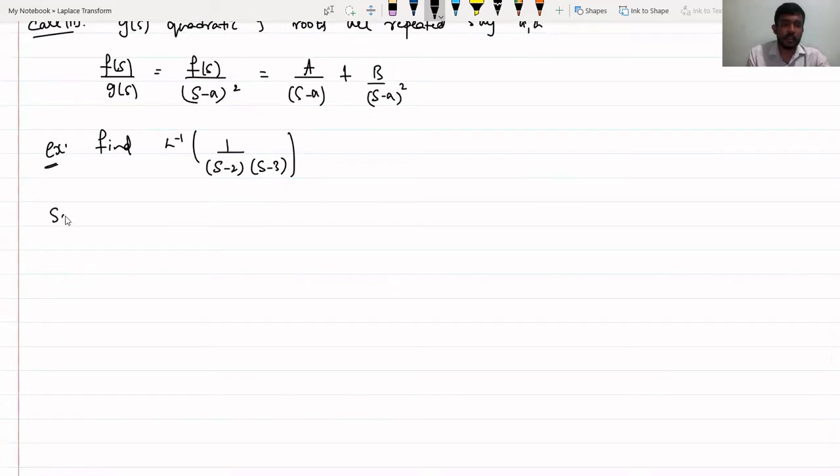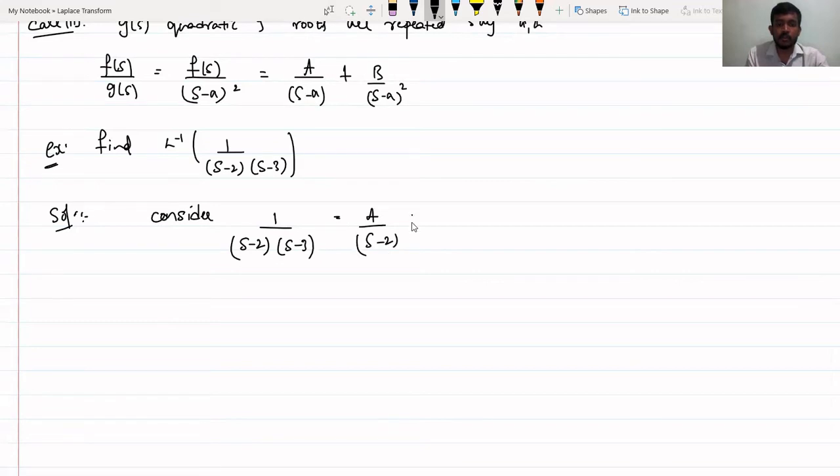First, I will resolve this given complex fraction. Consider 1 by s minus 2 into s minus 3. Here, the factors are non-repeated. I can resolve this as capital A by s minus 2 plus capital B by s minus 3. For each non-repeated factor, we need a simple fraction.